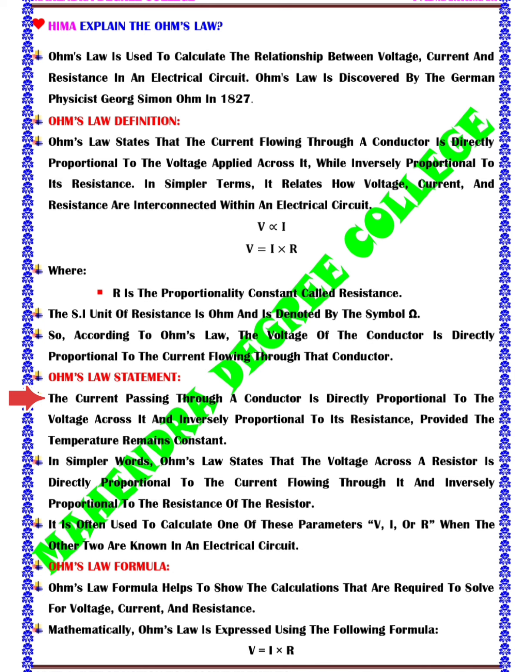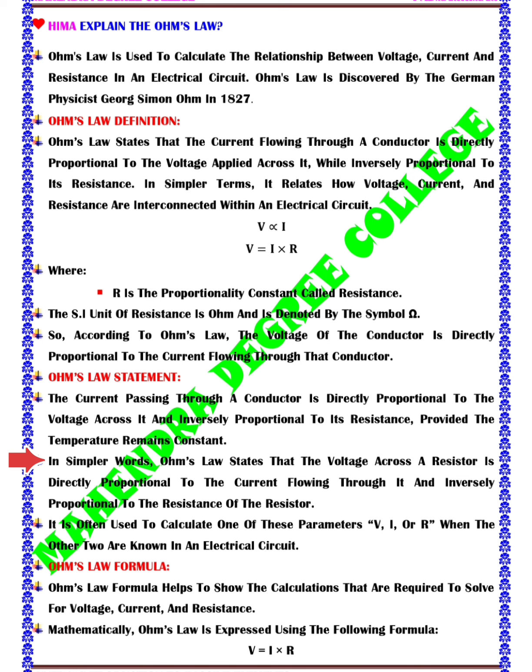Constant temperature means the relationship in Ohm's law is most accurate when the temperature of the conductor is kept stable. Changes in temperature can affect the resistance of a conductor.